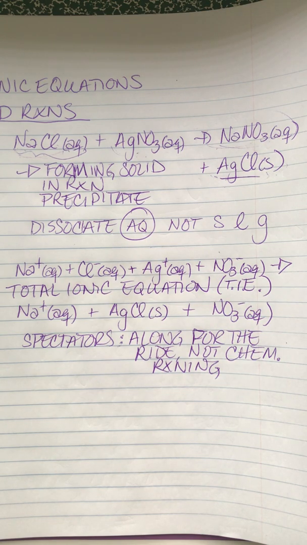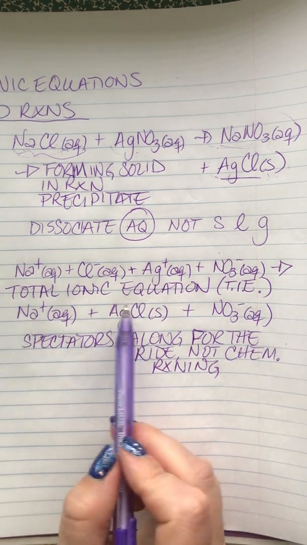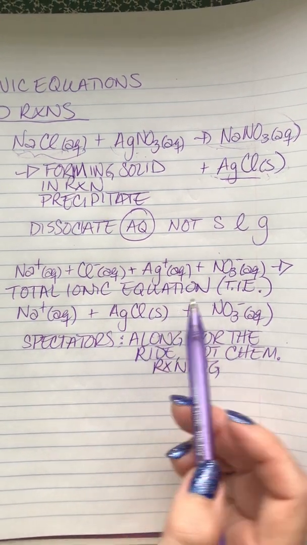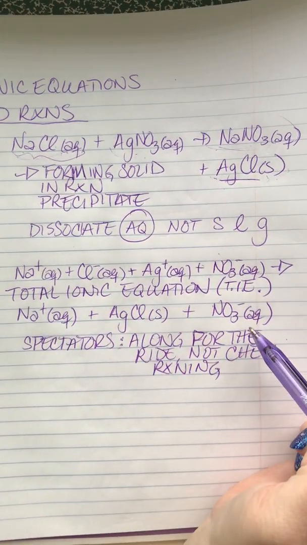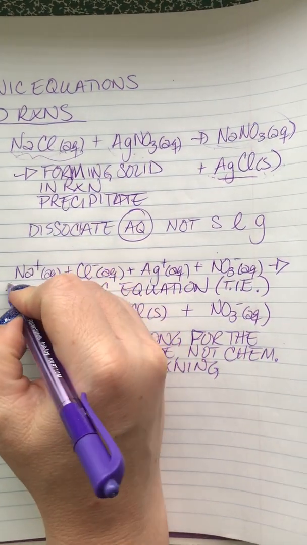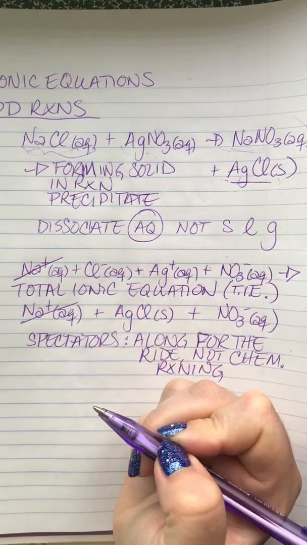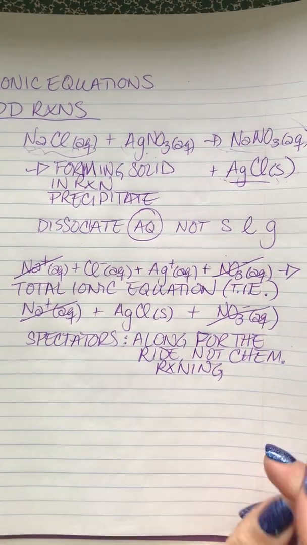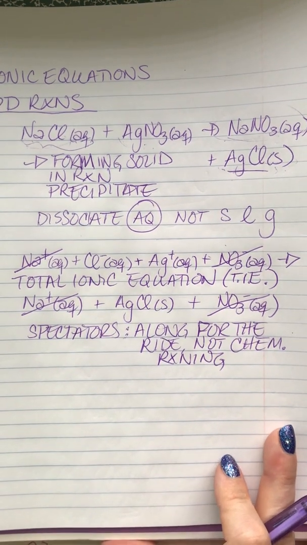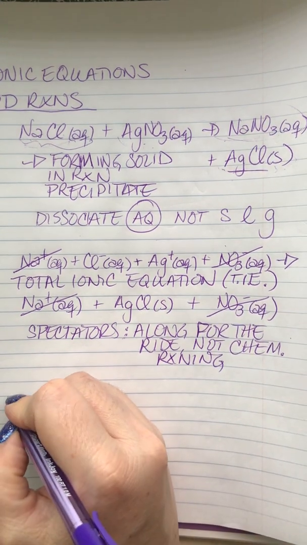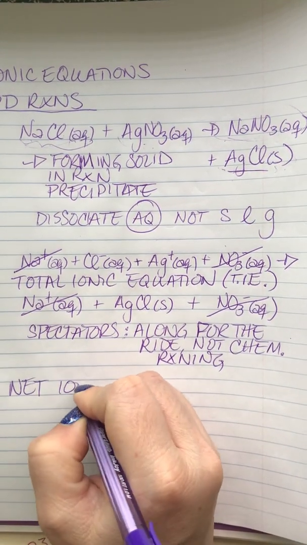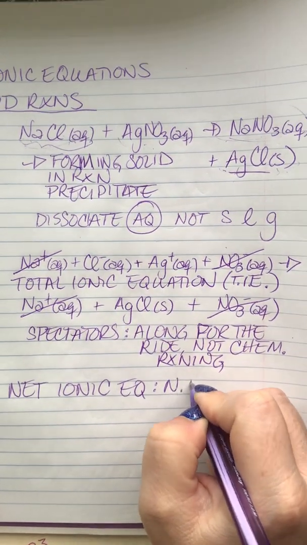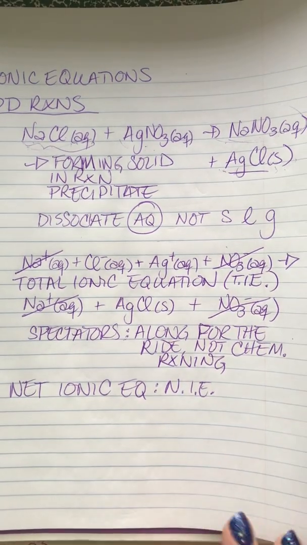So the next step that we want to do once we have the total ionic equation is we want to cancel out the spectators, right? So anything that's on the reactant side and the product side, we're going to cancel out, right? So sodium cancels with sodium, and nitrate cancels with nitrate, right? And what that gives us is the net ionic equation, aka the NIE, right?